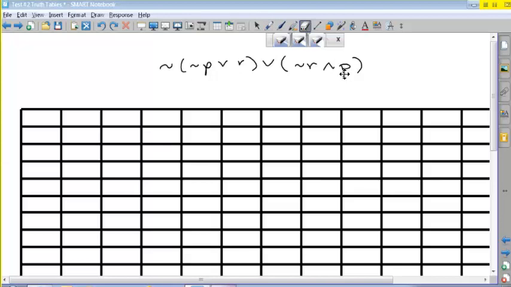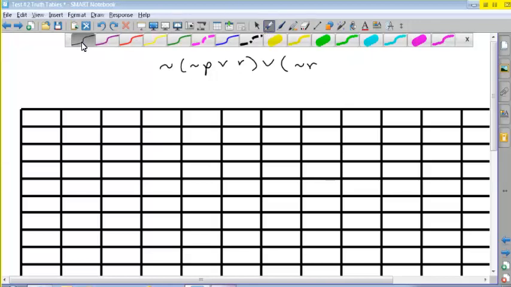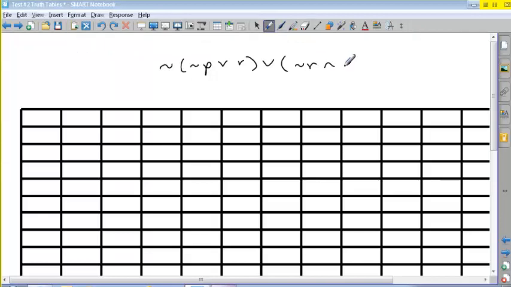I need to put a Q. So let's just put that there. So I'm going to change it. So this is Q. Okay, so I've got three letters, P, Q, and R.